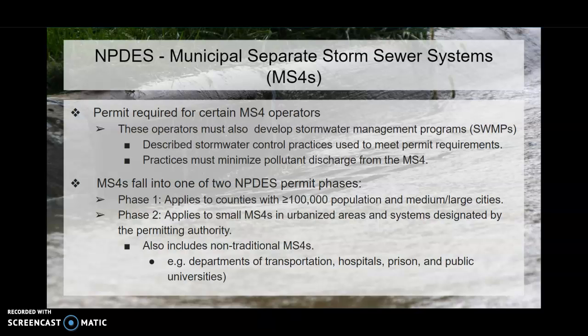And so these MS4s fall into two phases for the NPDES permits. Phase 1 is for the larger cities and medium-sized cities and counties with equal to or greater than 100,000 in population. And Phase 2 applies to the smaller MS4s in urbanized areas that might be designated by the permitting authority.